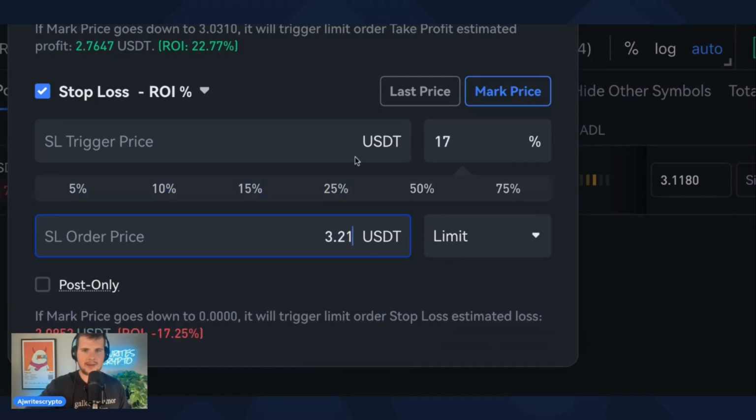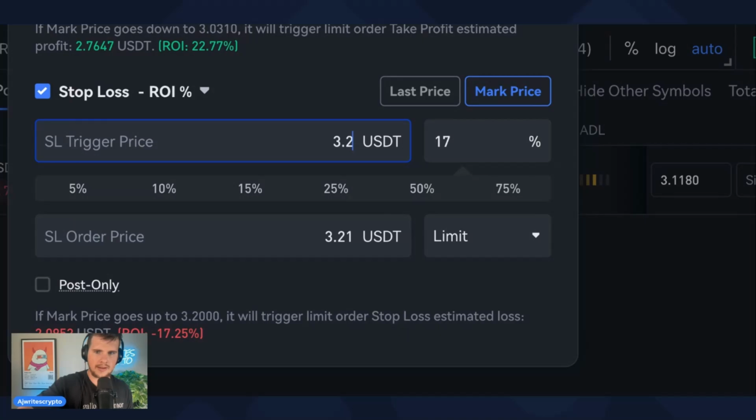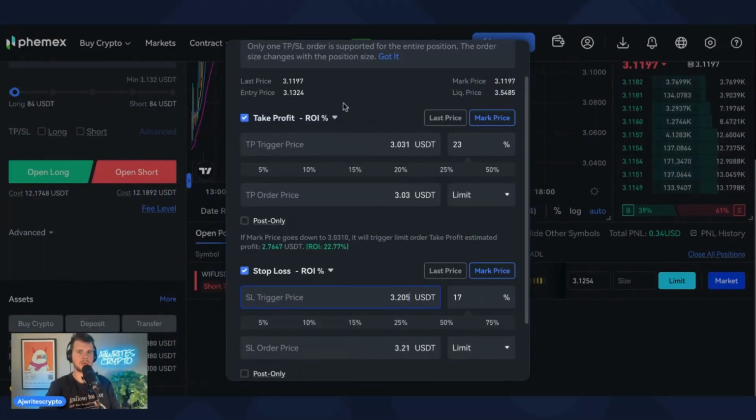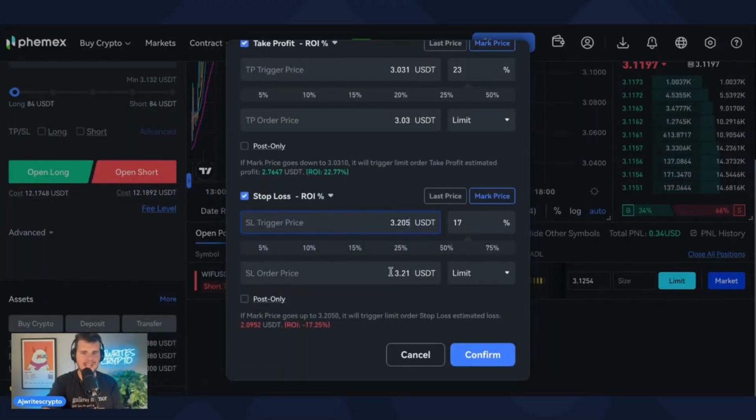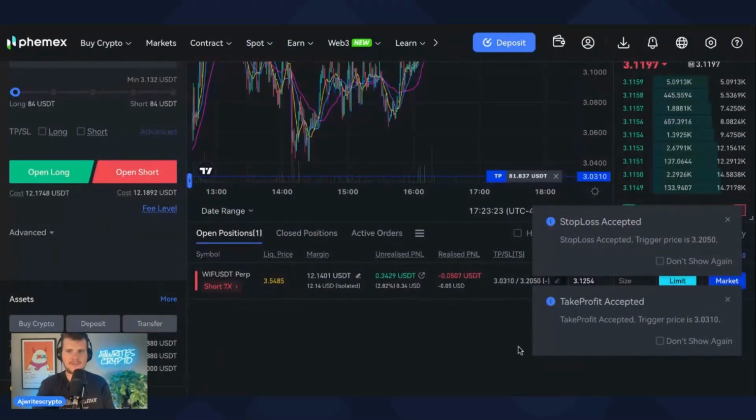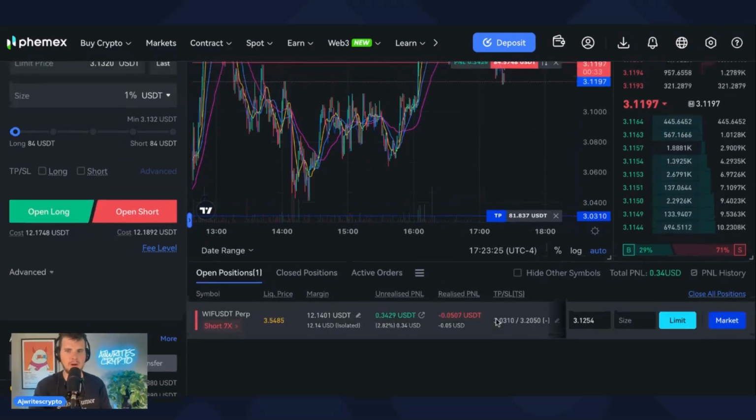Okay. And then I would set my trigger price at 320 and a half. So when it gets to 320 and a half, it will execute my order at 321. Okay. So we have our take profit in place. We have our stop loss in place. We click confirm. Boom. Now we have a take profit and a stop loss all accepted on this position.